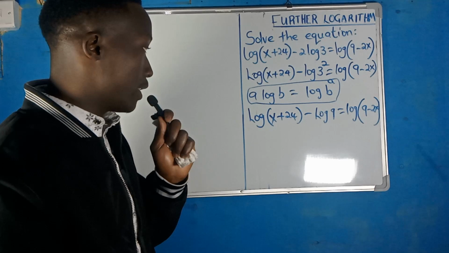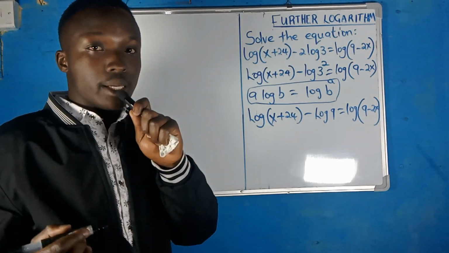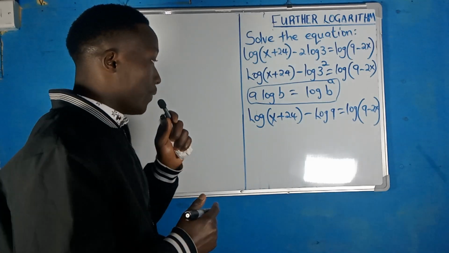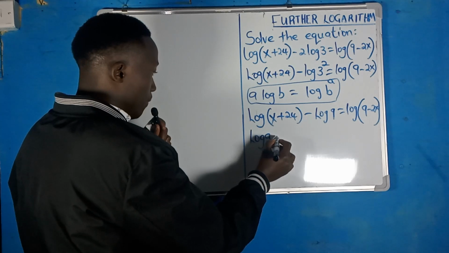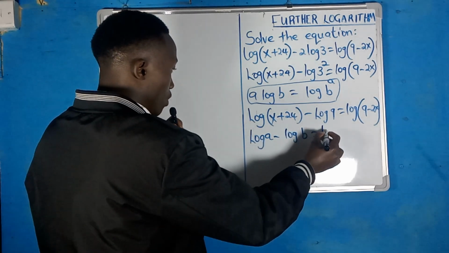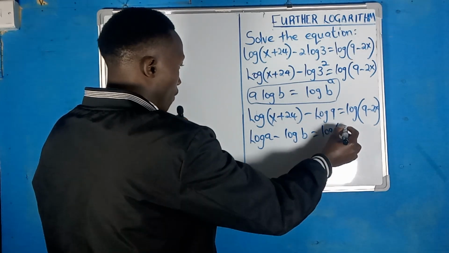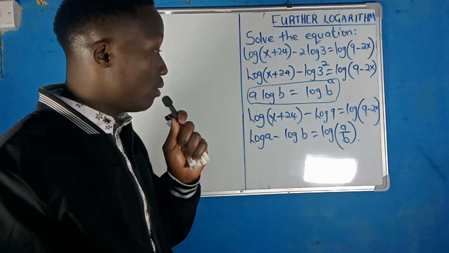So there is another law which we call the subtraction law of logarithms, and it simply states that log of a minus log of b is equal to log of a over b. We call it the division law.